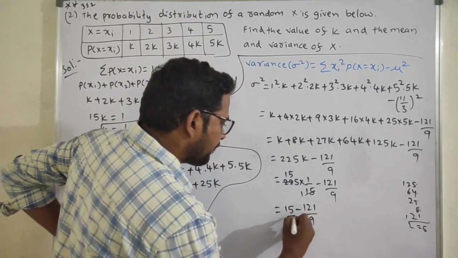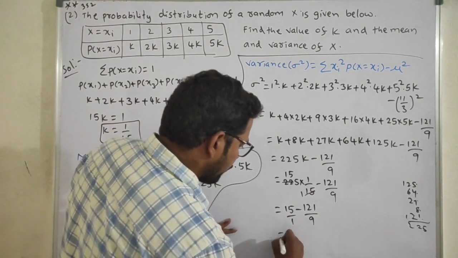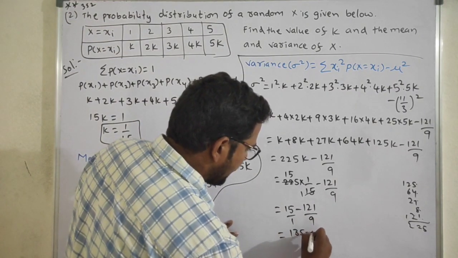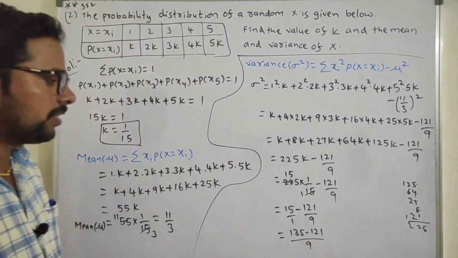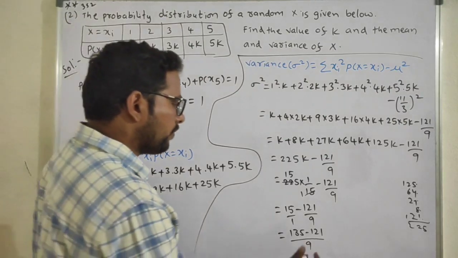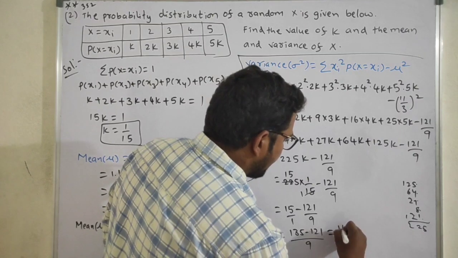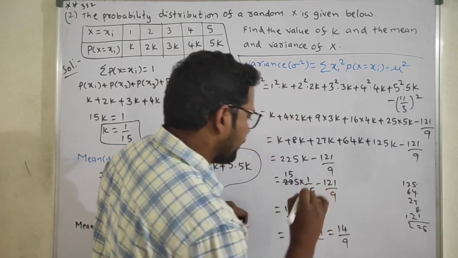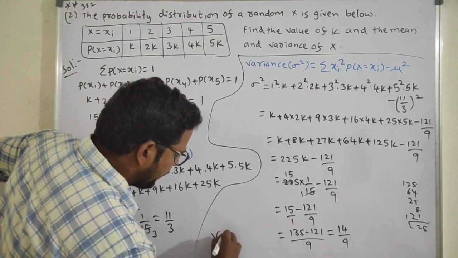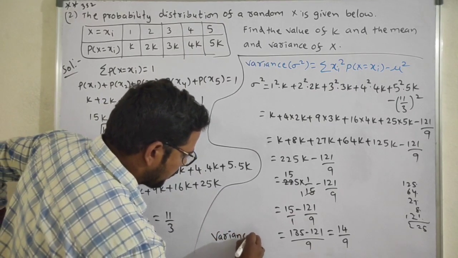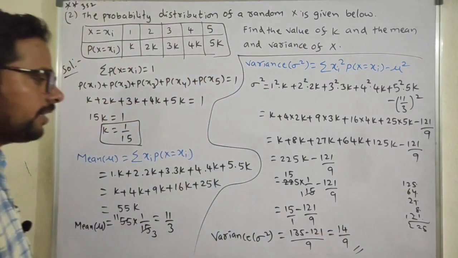So take the LCM. 15 nines are 135, minus 121 by 9. 135 minus 121 is 14, so 14 by 9. So this is the variance: sigma square is equal to 14 by 9.